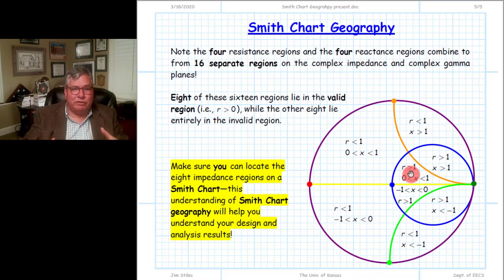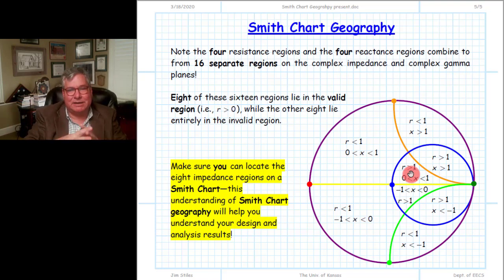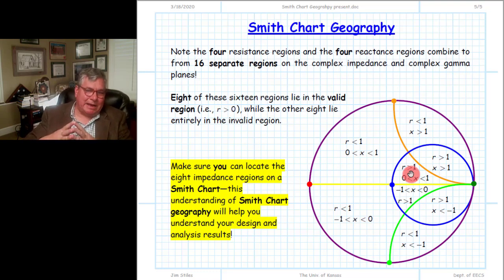And good microwave engineers know their Smith chart geography. If they have a point in that complex gamma plane, just by its general location, without having to look specifically at the contours, they have a pretty good idea of the impedance that matches to it.